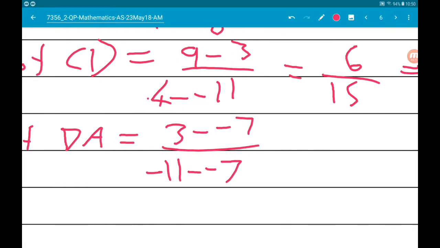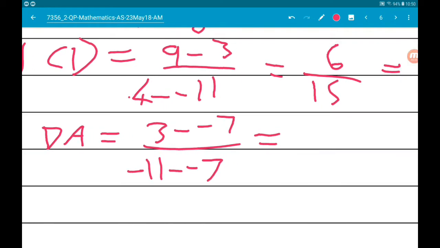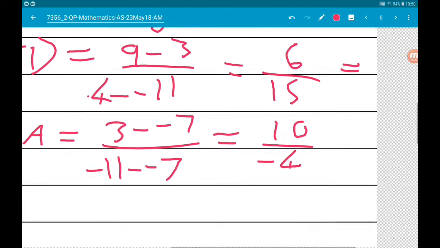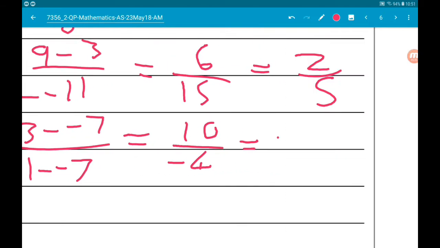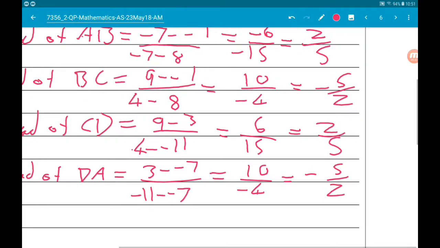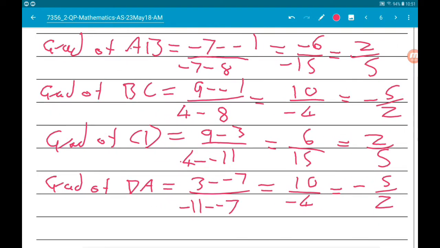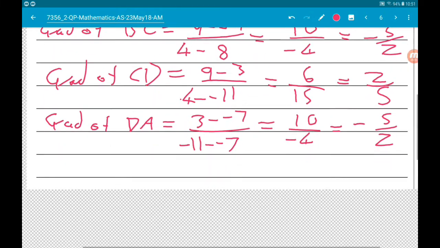So that's going to give us 3 minus -7 is 10 over -11 minus -7 is -4, which gives us -5 halves. So what we can see then is that AB is parallel to CD.